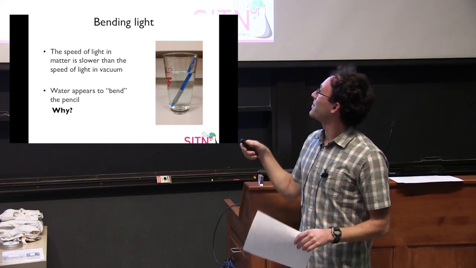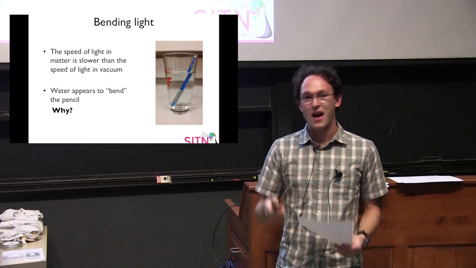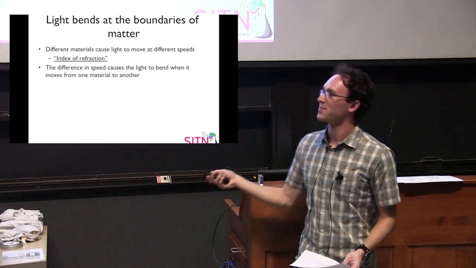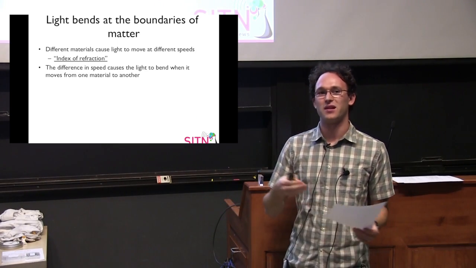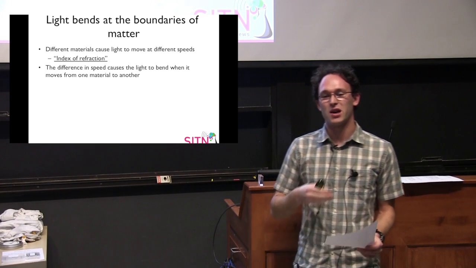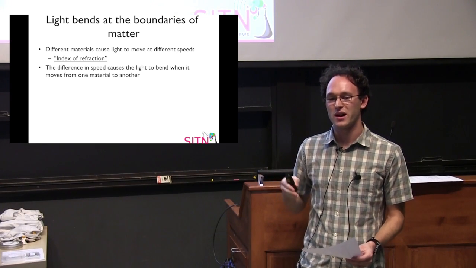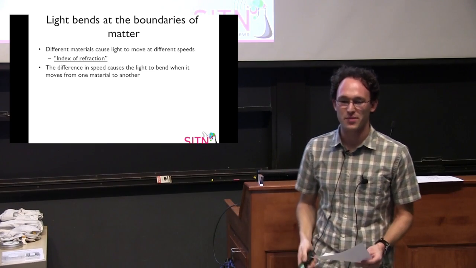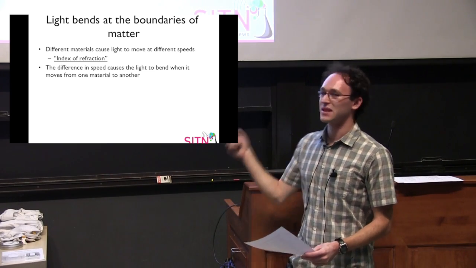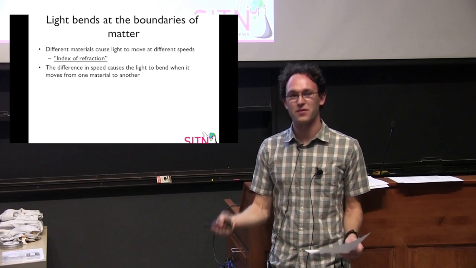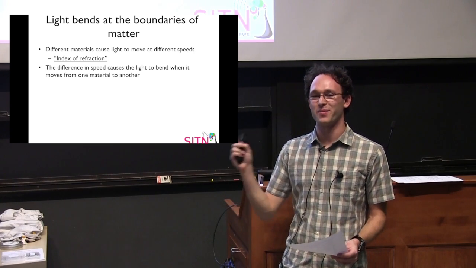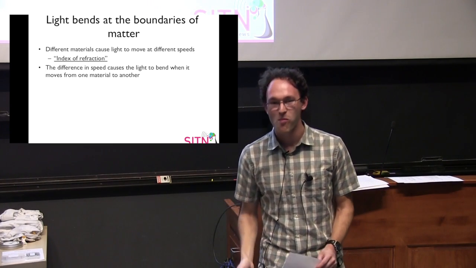So it turns out that different materials actually cause light to move at different speeds. And this property of a material is just called the index of refraction. So light will move slower when it's moving through water than in air, for example. Now, this difference in speed for different materials actually causes light to bend when it moves from one material to another.